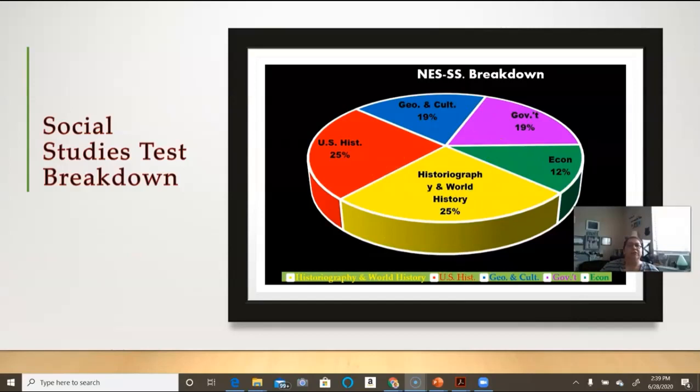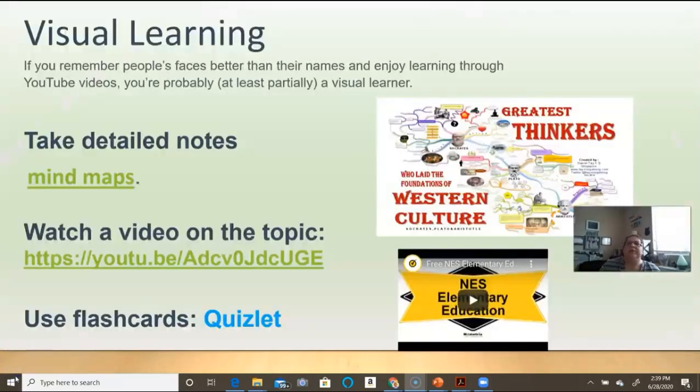So what I'm going to do is first let's look at what type of learner you are, and that'll help you actually prepare. So are you a visual learner, someone who remembers people's faces better than their names? You enjoy learning through YouTube videos. You're probably at least partially a visual learner, so take advantage of finding the information and using different sources to help you learn.